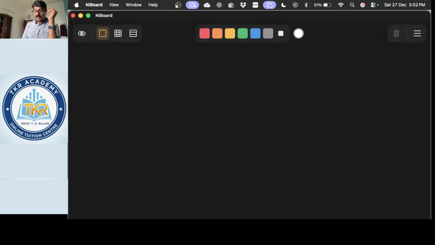Let us take an example. Write the power set of the set of all x such that x is a root of the equation x cube minus 1 is equal to 0.